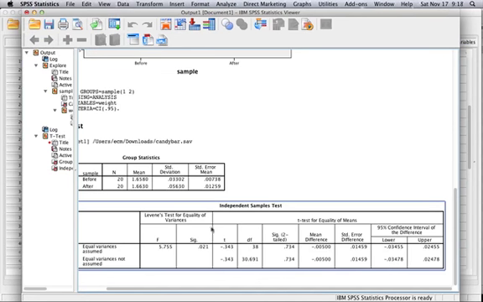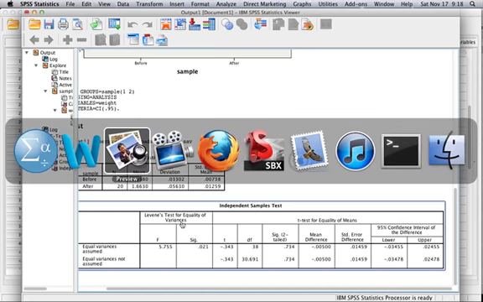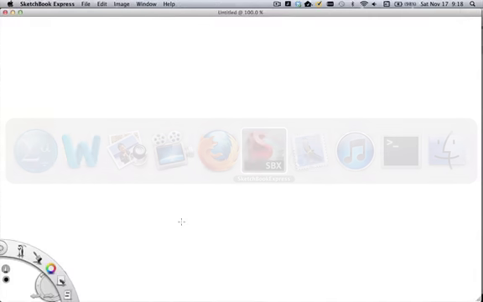There's one other thing that I want to go over with you, and that is this equality of variance box. So the hypothesis that this is testing is as follows. Let's go over to the scratch pad for a second. I guess we could do this in Word as well. But this is testing H naught: sigma before squared, that's a B, equals sigma squared after.